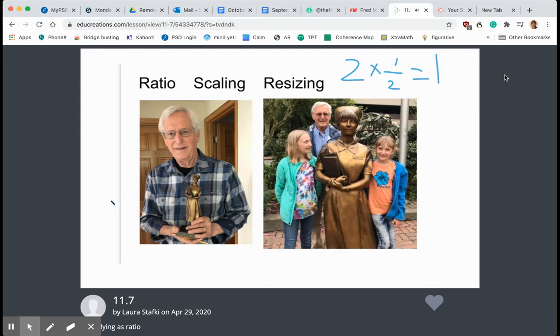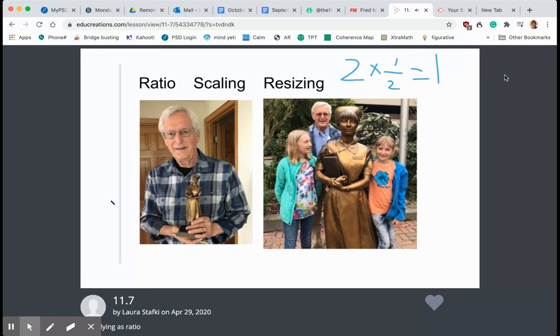This one was actually done with a computer helping with all the scaling, but when he did the sculpture that is in front of the library a number of years ago, he physically took measurements of all of the different parts of the sculpture.